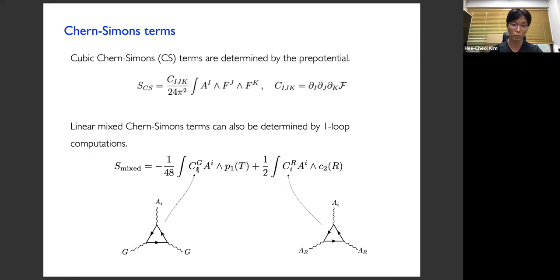And also these coefficients can be evaluated by computing the fermion one-loop diagrams like this one and this one. But the point here is that for any given gauge theory, we can evaluate all these topological terms exactly. Okay, and also as we will see later, these Chern-Simons terms are very crucial input to formulate the blowup equation to bootstrap the BPS spectrum, which I will explain later.